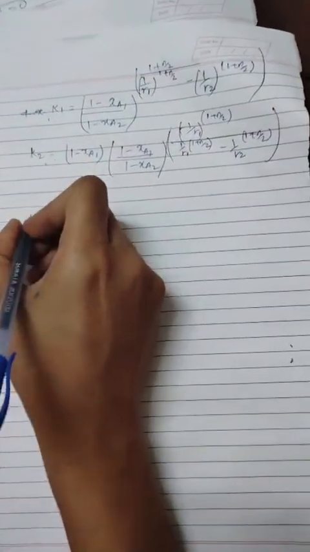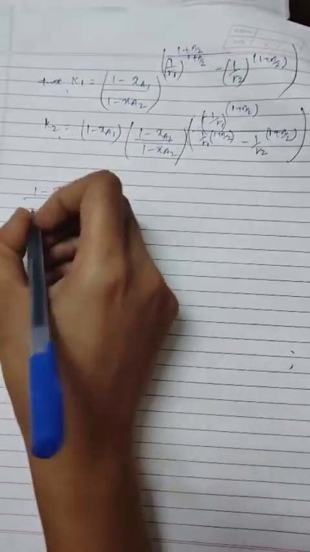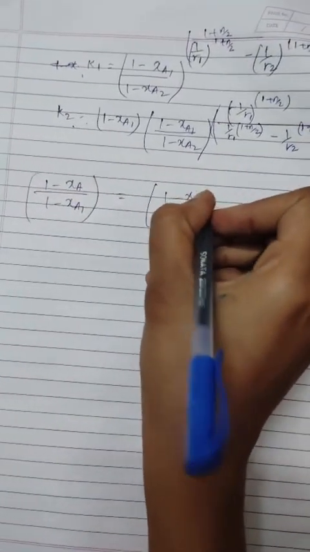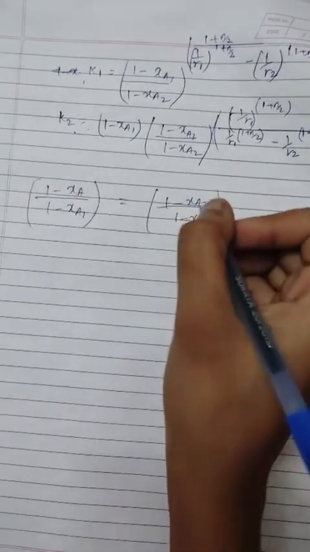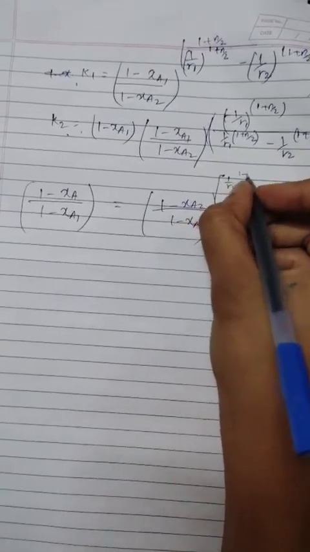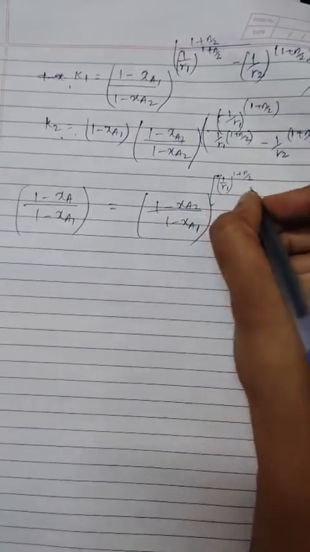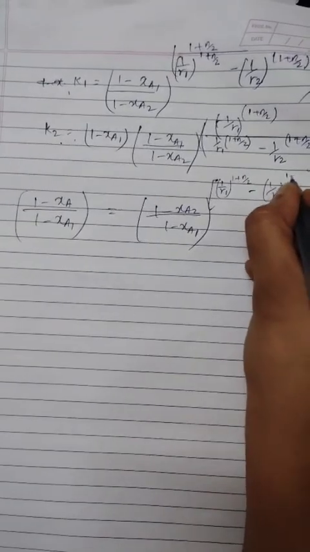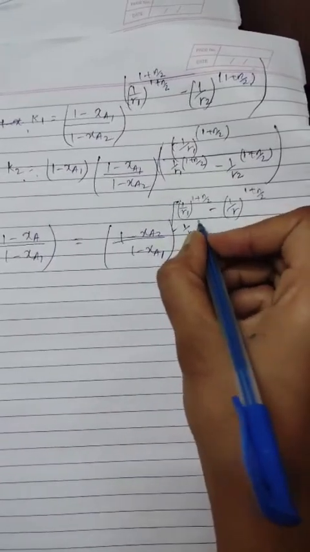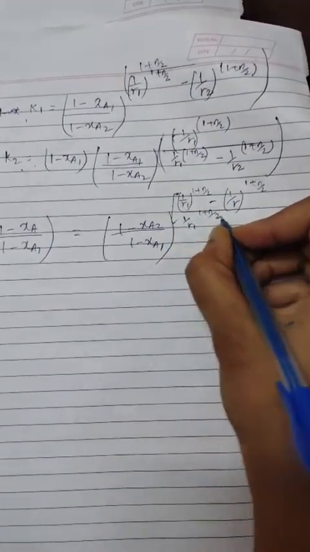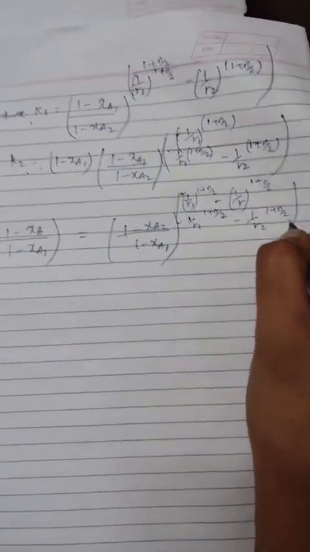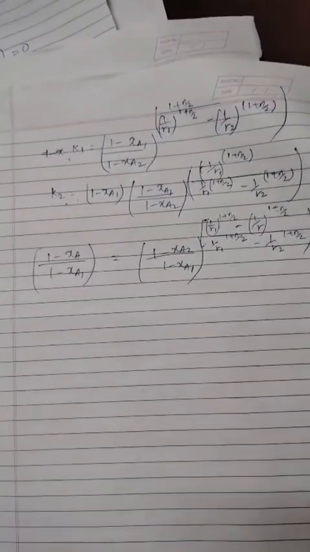That equation will be 1 minus X_A upon 1 minus X_A1 is equal to 1 minus X_A2 upon 1 minus X_A1 to the power 1 upon r1 raised to 1 plus n by 2 minus 1 by r raised to 1 plus n by 2 upon 1 by r1 to the power 1 plus n by 2 minus 1 by r2 to the power 1 plus n by 2. This is the equation that we get.